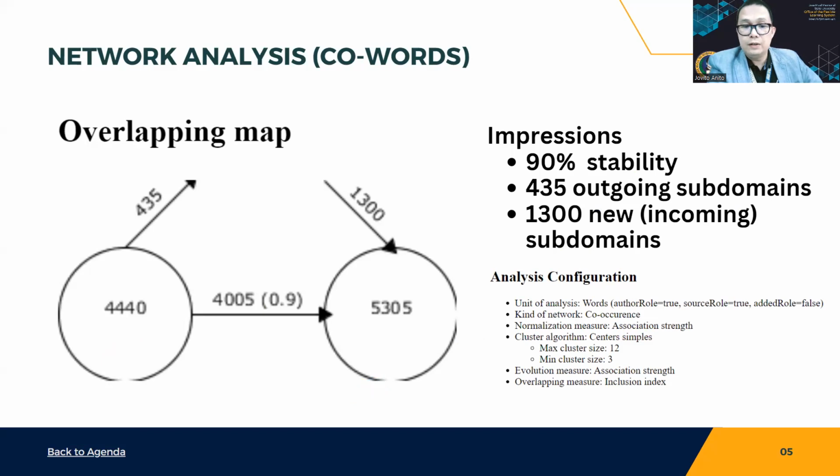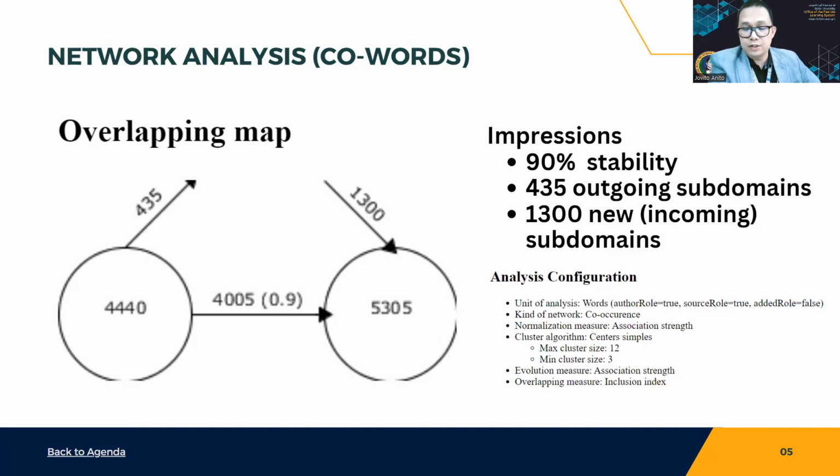In this case, if we look at the map, 435 of the subdomains in the pre-pandemic period were left out, or did not appear anymore in the pandemic period. But there are 1,300 new concepts, or new themes, or new domains that entered the pandemic period.